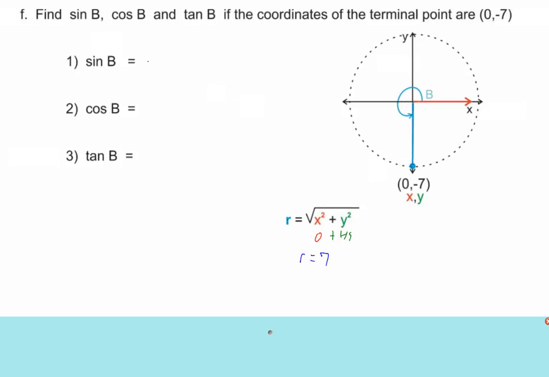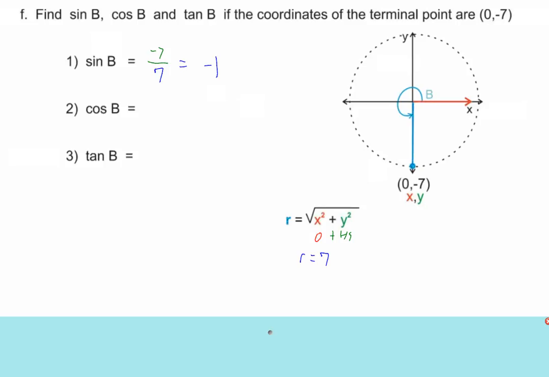So again, we're ready to do the sine. Remember, the sine is what over what? Y over r, because y is the opposite. That's a -7 over r, which is a 7. And what is the sine? It is a -1.